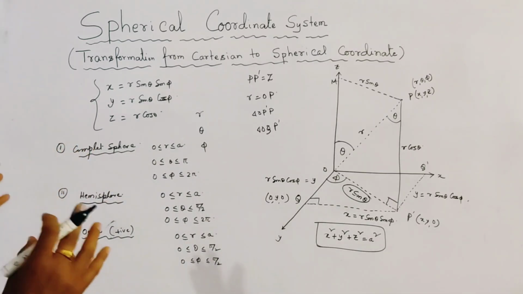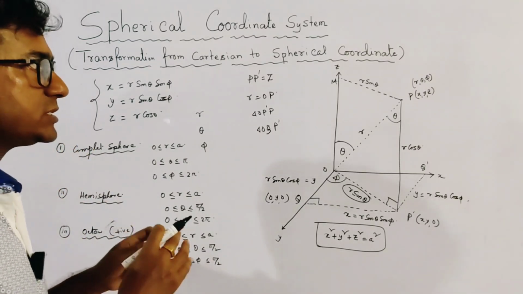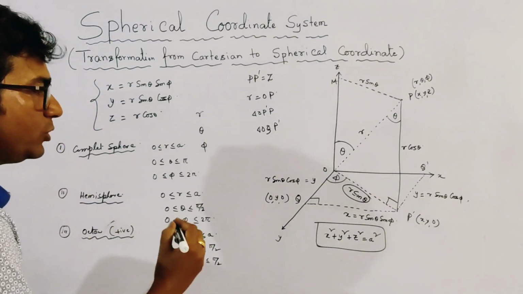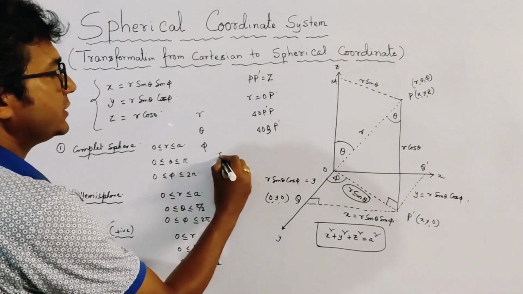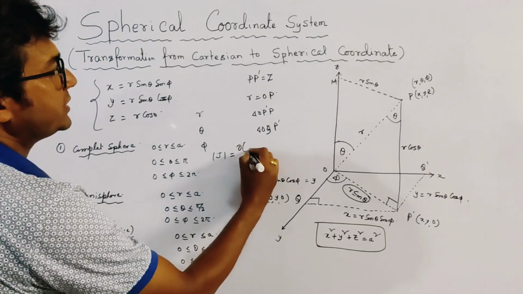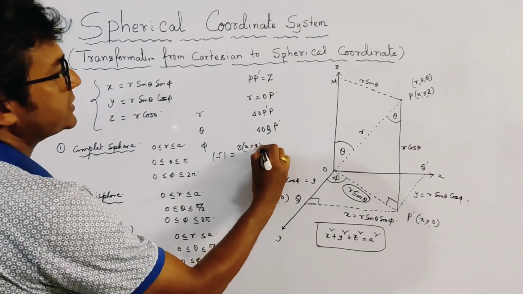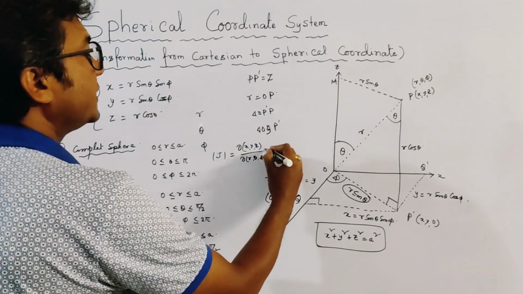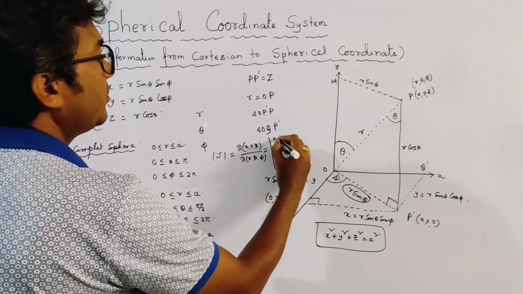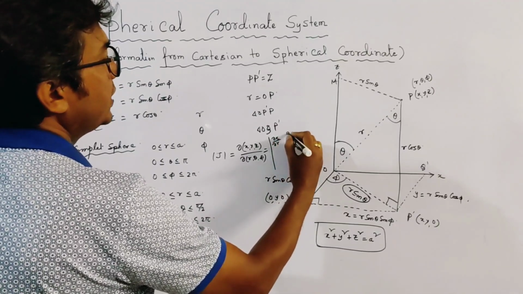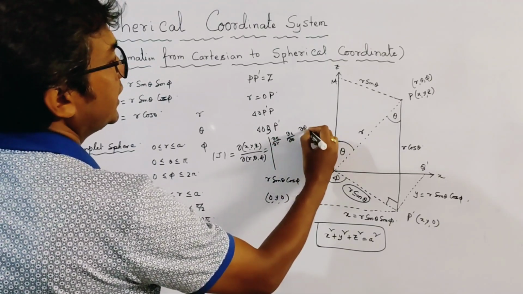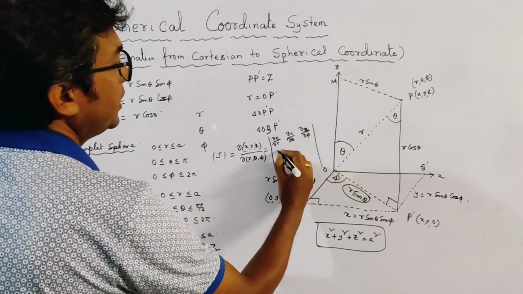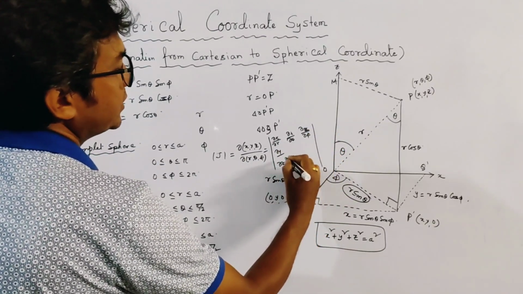Now to change the coordinate system, we must find out the Jacobian of this system. If we determine the Jacobian of the system, that is del of x, y, z to del of r, theta, phi, we know this is the determinant del x by del r, del x by del theta, del x by del phi, and similarly for y and z.